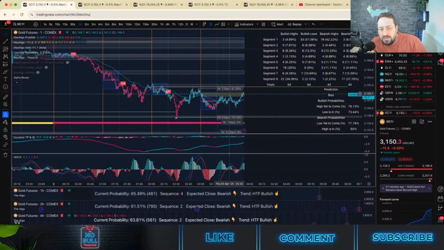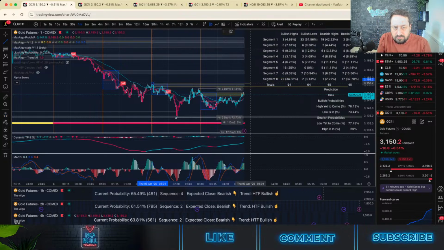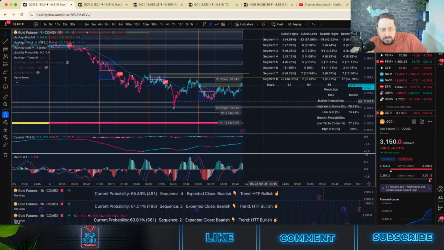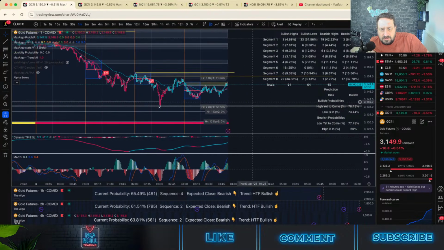So right now we're going to be more bearish than bullish until this high has gone on gold. We won't be looking for anything long-wise until we see that flip. That makes sense? So we're using data like that to ensure that when we're trading we've got an edge. We're trading with probability.